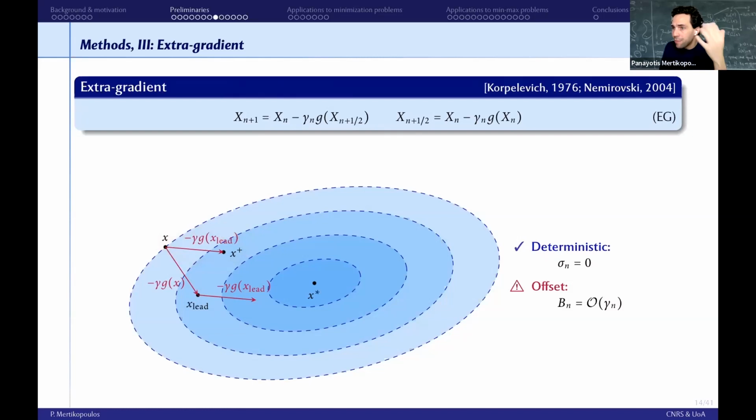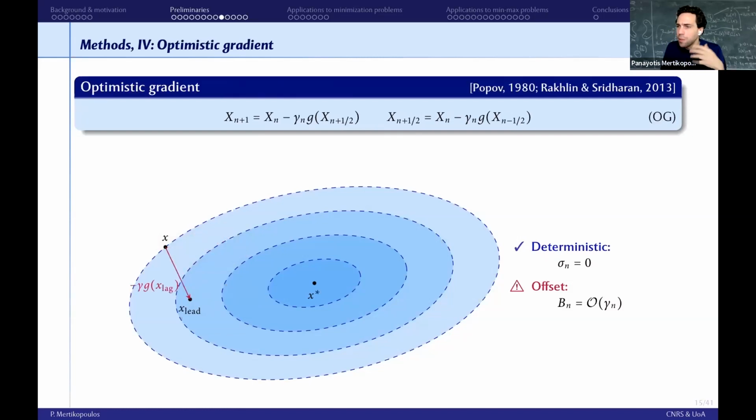All right, there is a variant of this method, which is called the optimistic gradient method, and which dates back to Popov in the 80s, and it was rediscovered essentially by Rakhlin and Sridharan in the early 2010s.